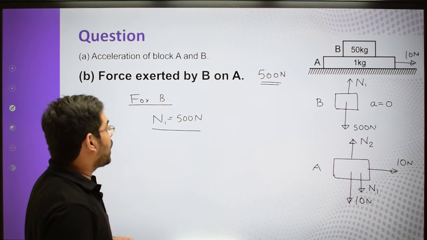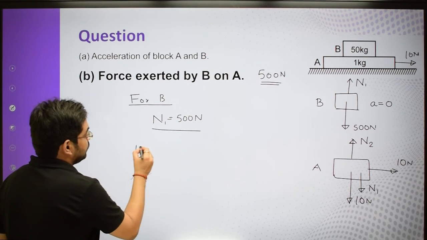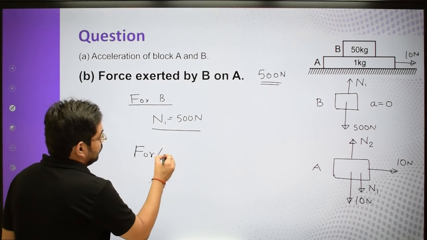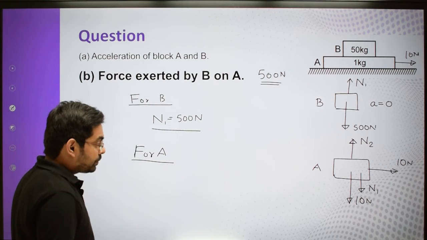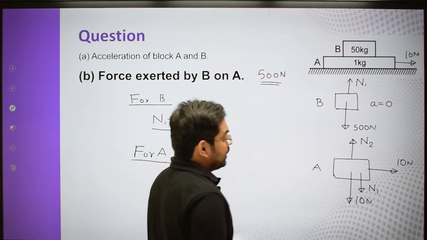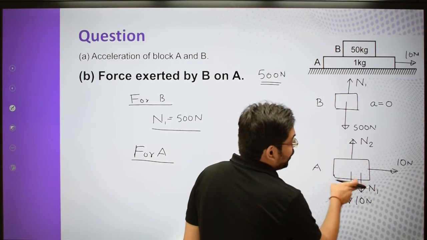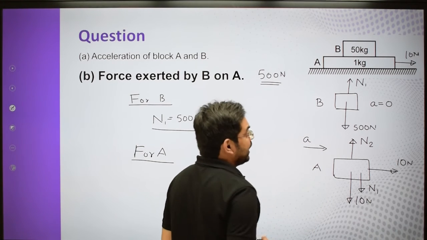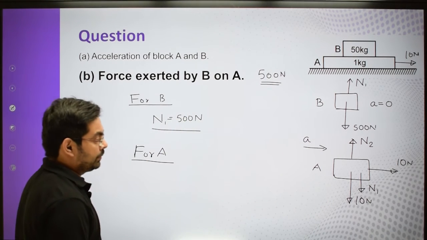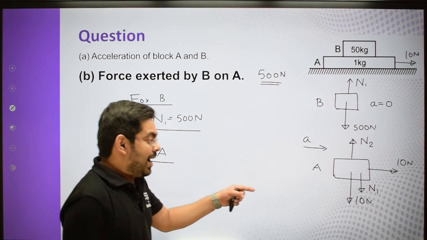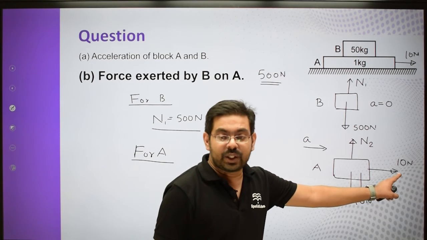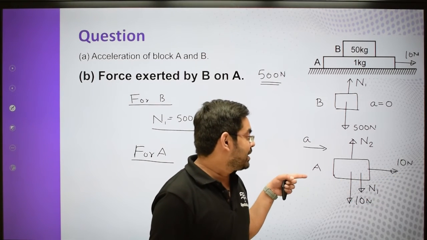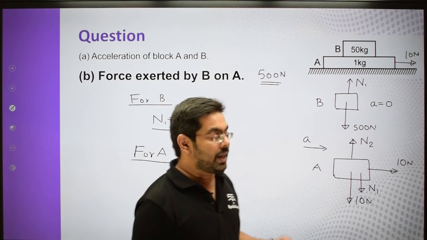Okay, if we talk about A, since it has a tendency of moving in the right direction, let us say that its acceleration is a in the right direction. Block A has a force in the horizontal direction, that is 10 Newton. It will slide in the rightward direction.